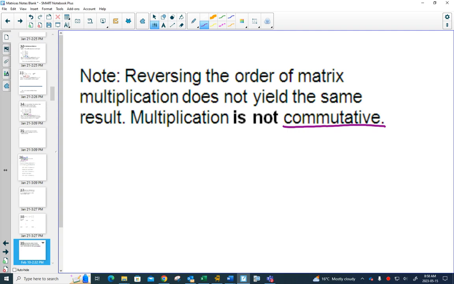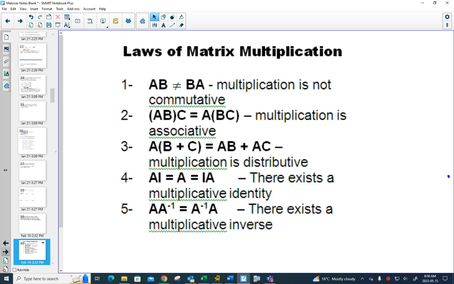But there are words for this in mathematics, in formal definitions, and commutative means that you can multiply, doesn't matter the order. Matrices, that doesn't work, right? So we have the following laws of multiplication. Some of them follow laws that you already know for multiplication, and some of them don't. So the first one is one of the ones that doesn't. A times B is not the same as B times A.